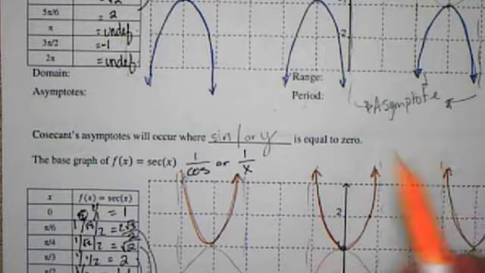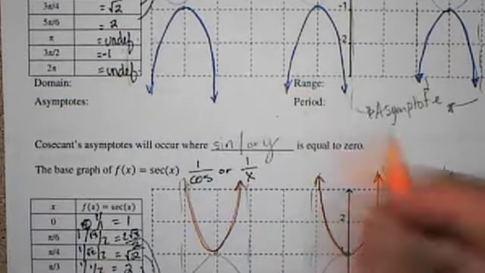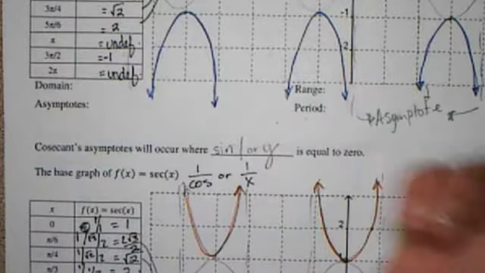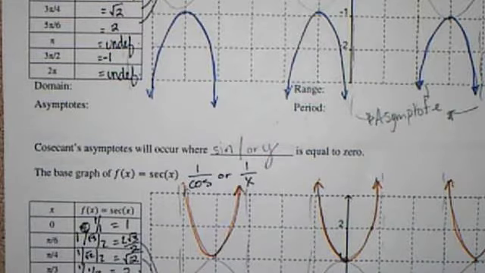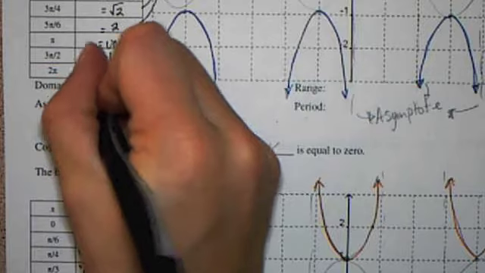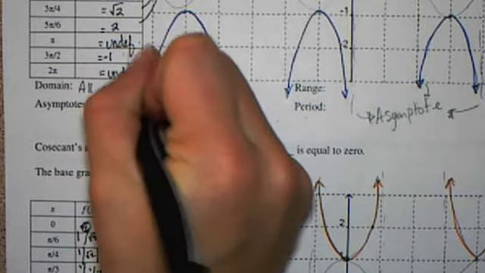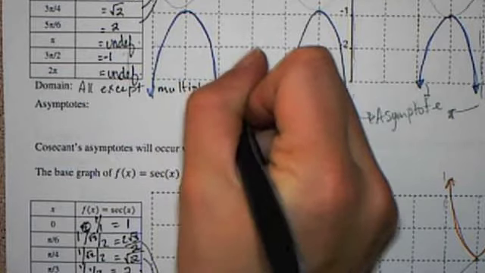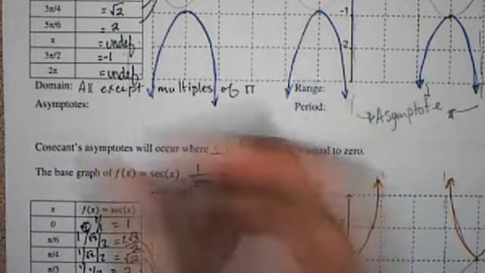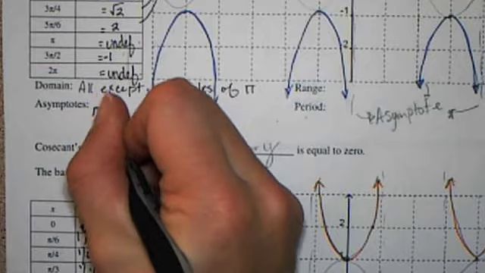The domain, we need to skip over the asymptotes like we did in tangent and cotangent. So the domain will be all except for, in this case, multiples of pi. And these will be the multiples of pi.